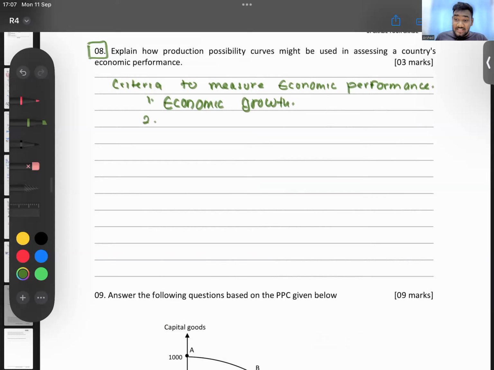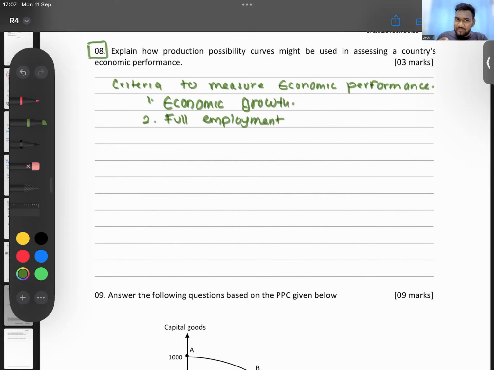So if the economy has been able to use all of its resources, land, labor, capital, entrepreneurship, and produce most of the goods and services that they are able to produce. Then, like you all have said, fair income distribution can also be a criteria. Economic stability, yes, can also definitely be a criteria. Likewise, there are so many criteria.